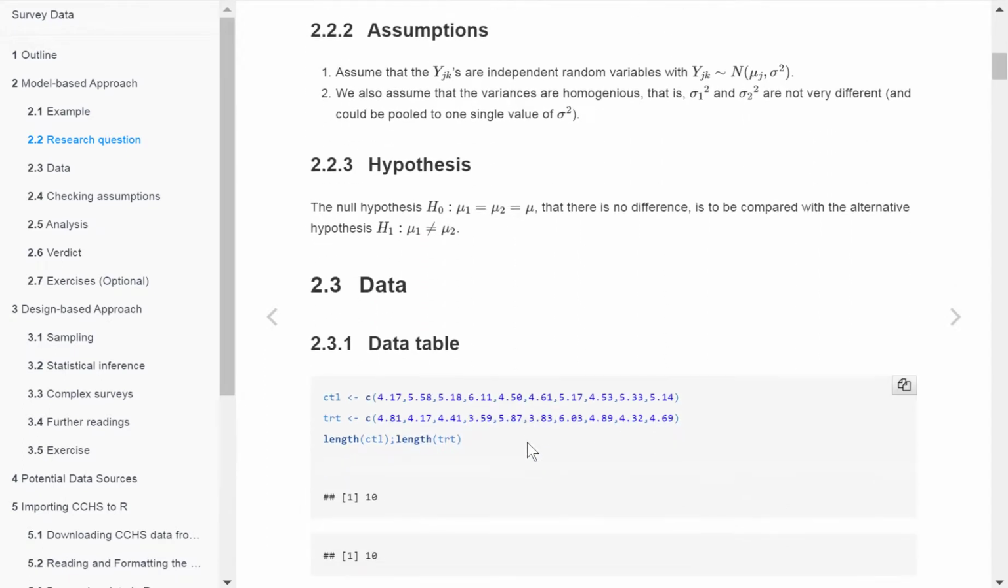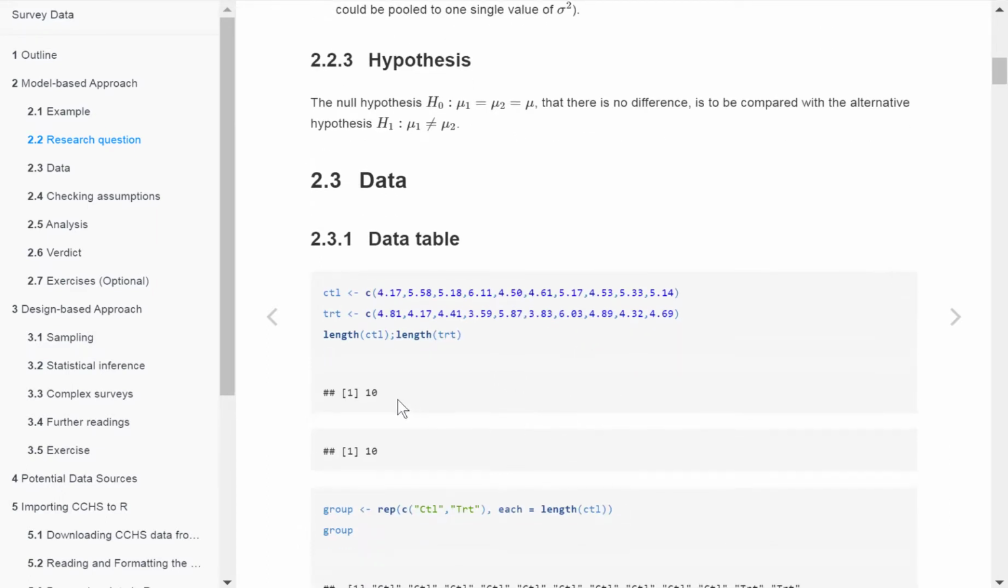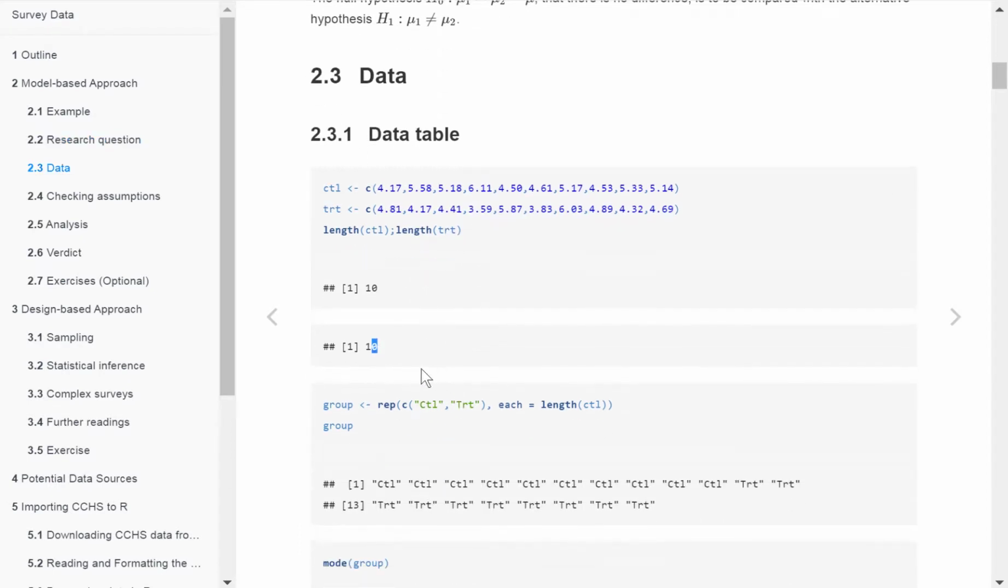So let's just take a look at the data. These are some of the data sets that were given in that text, and you have 10 samples in the control group and 10 samples in the treatment group. So in this code, R is simply assigning what these numbers represent.